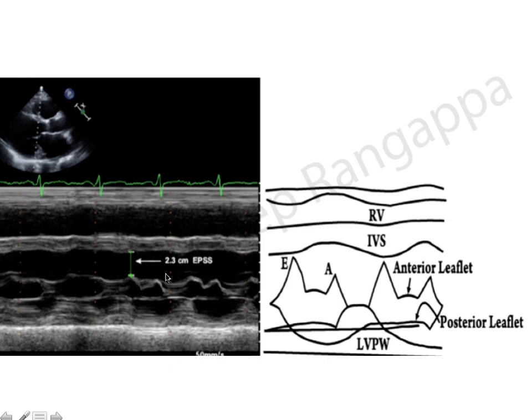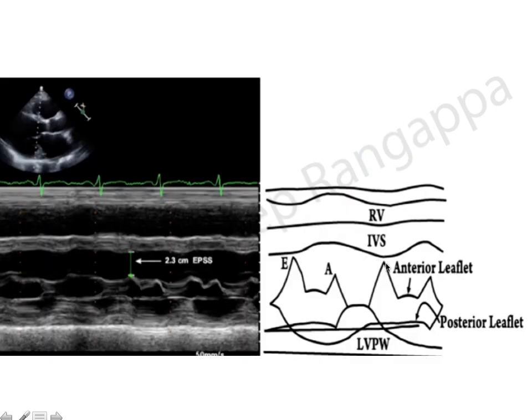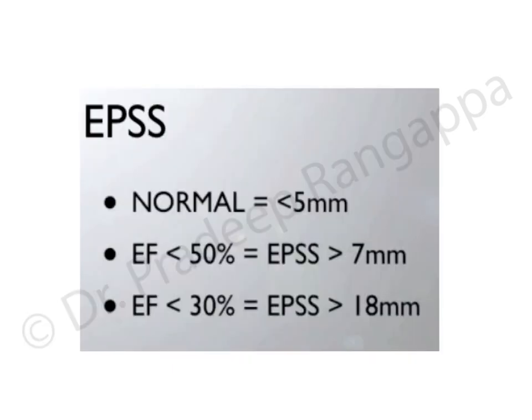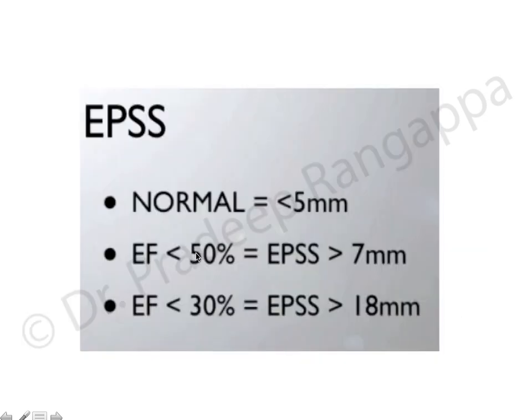Here there is severe LV dysfunction because 2.3 centimeters is very large. 18 millimeters is our upper limit. I'll show you the values. So these are the values. If your E point septal separation is less than 5 millimeters, then your ejection fraction is more than 50%. If you have this distance anywhere between 5 to 18 millimeters, then your ejection fraction is somewhere between 30 to 50%.